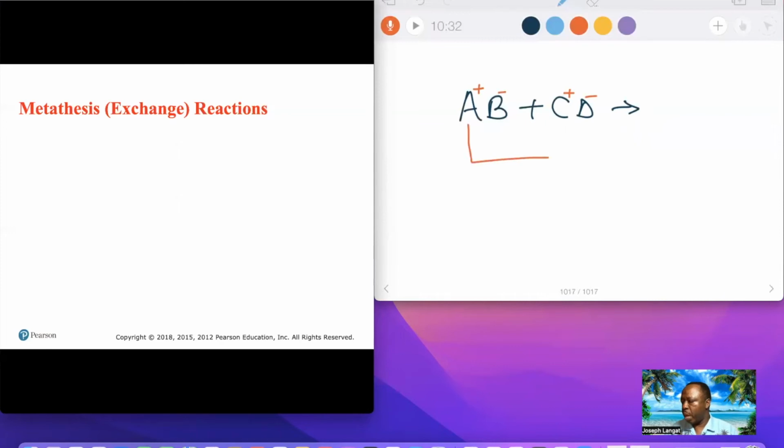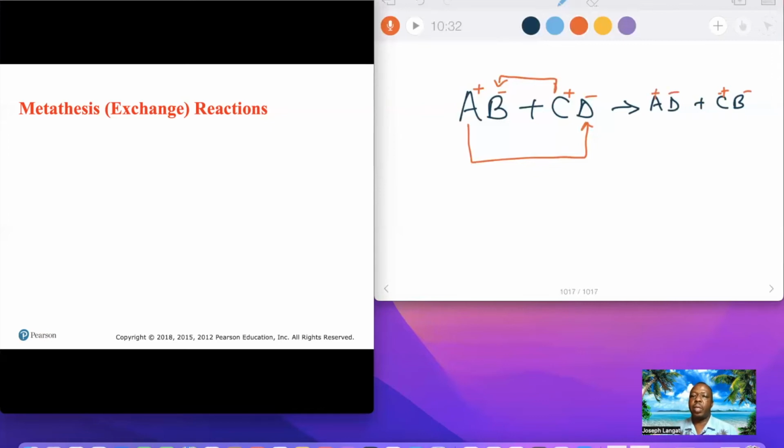A will combine with D, and C will combine with B. And remember, we start with the cation when writing the correct formula for an ionic compound. So here is AD plus CB, not BC, CB, because this is a cation and this is an anion.